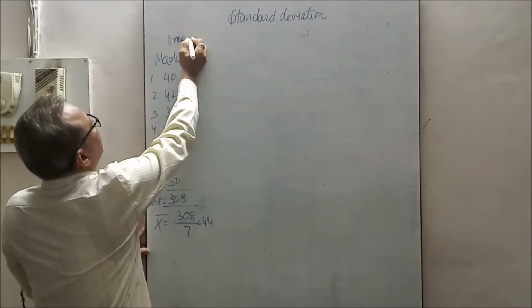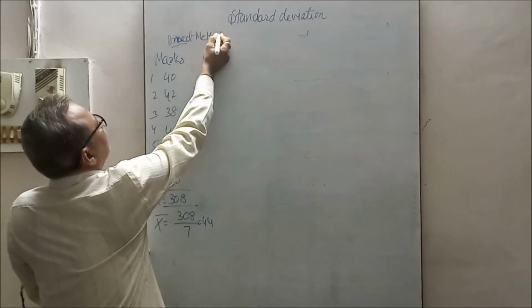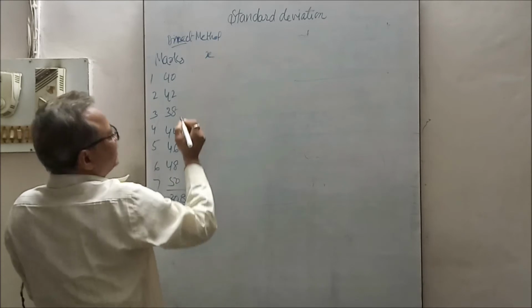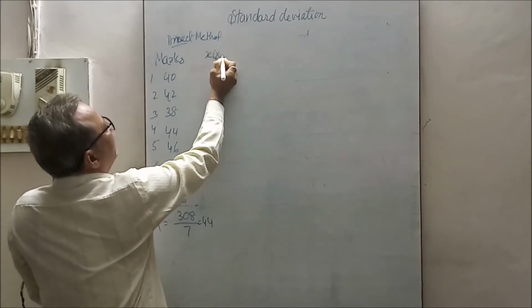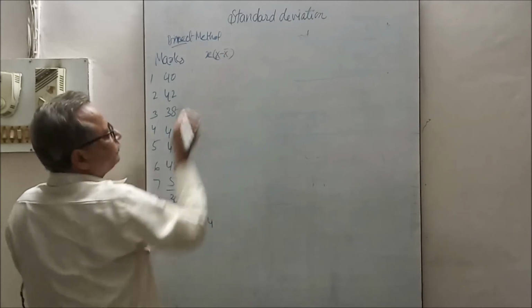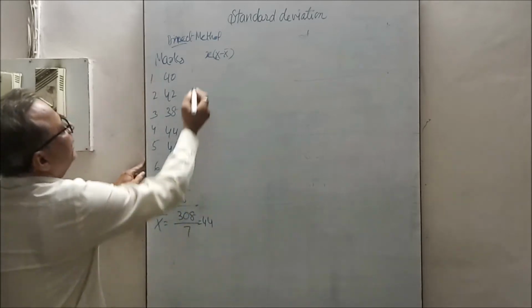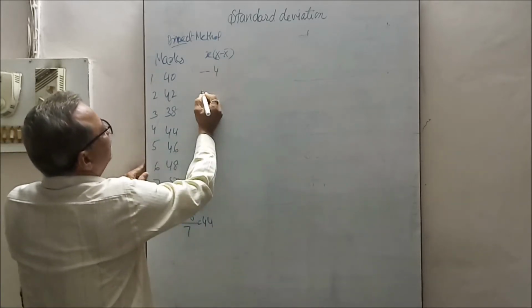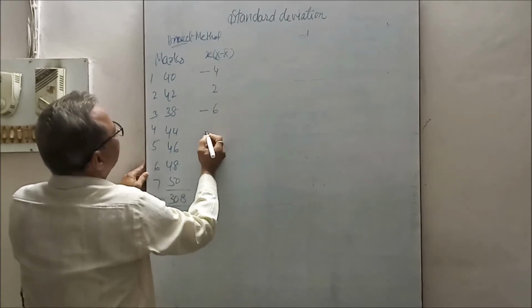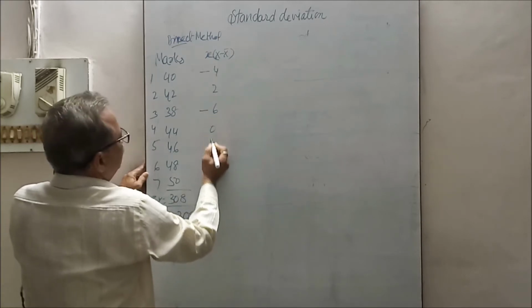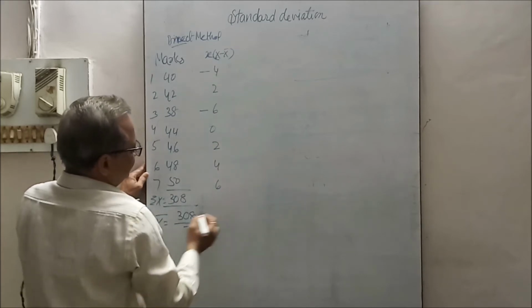So x minus x bar: x bar is 44, x is 40, minus 4; 42, minus 2; 38, minus 6; 0, 2, 4 and 6.